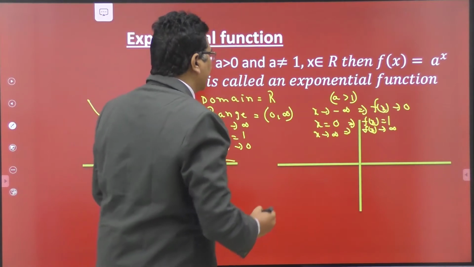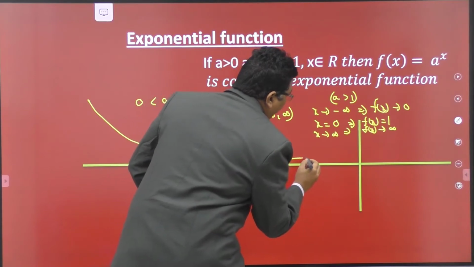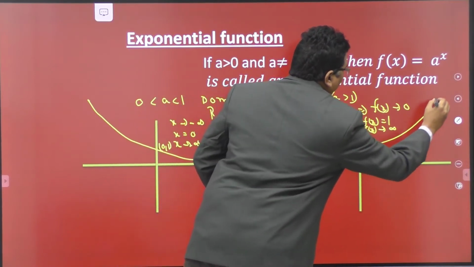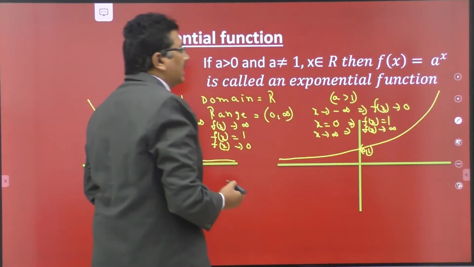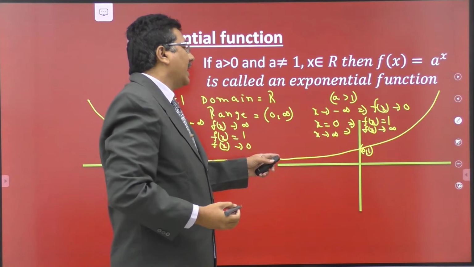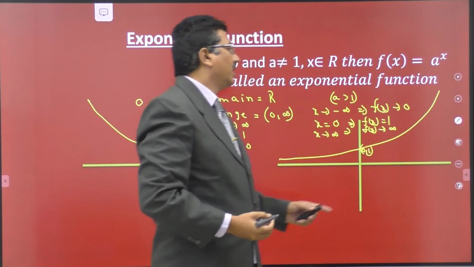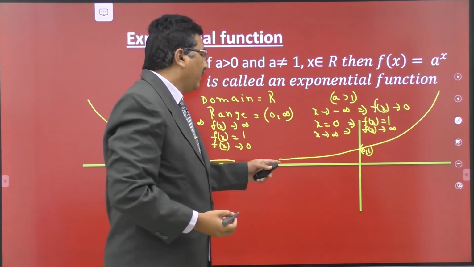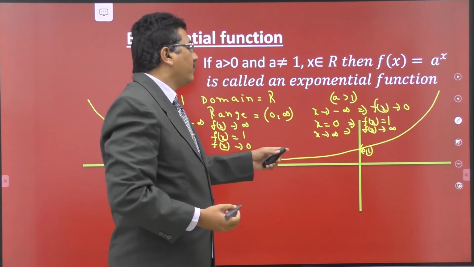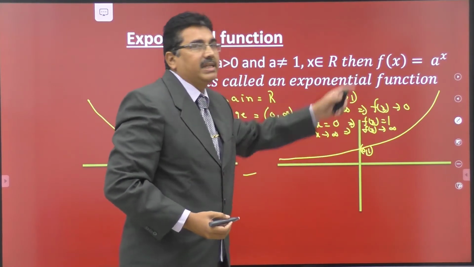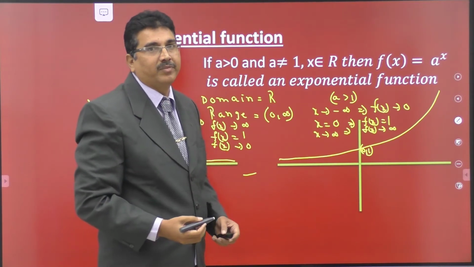Now the graph is like this. Right. This is the point (0, 1). This is x tending to minus infinity and this is x tending to infinity. Observe the graph. If the values of x increase, then the function a power x also increases. That's why this is called an increasing function.